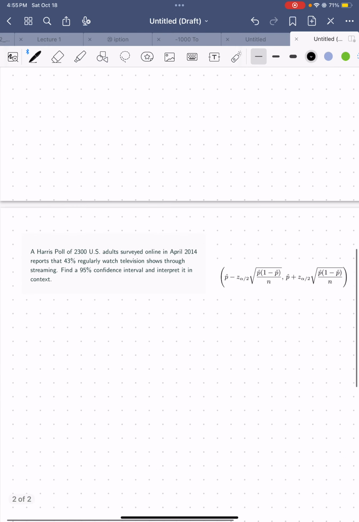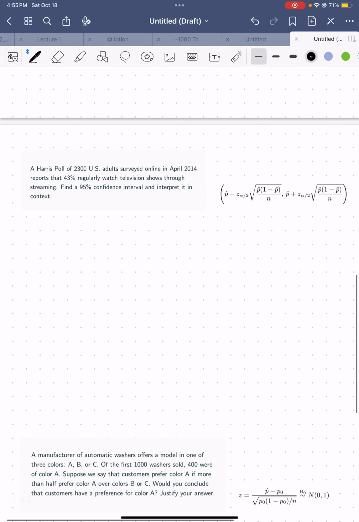And now for our next problem, we want to calculate a 95% confidence interval for the percent of US adults who regularly watch television shows through streaming.